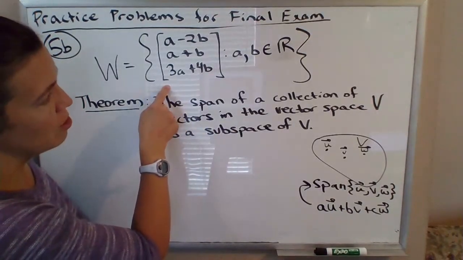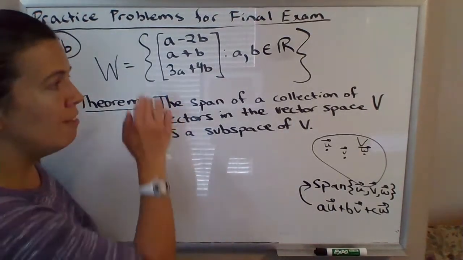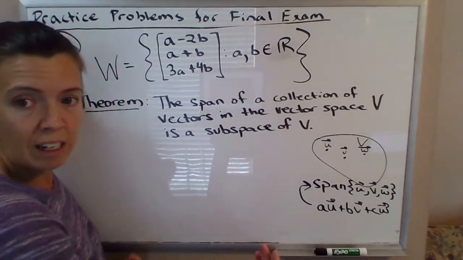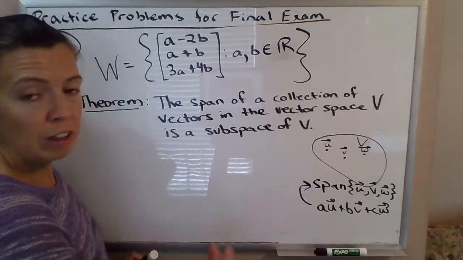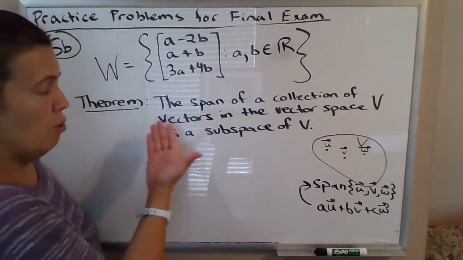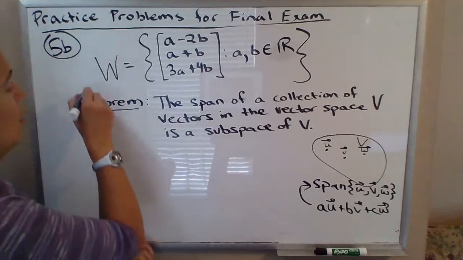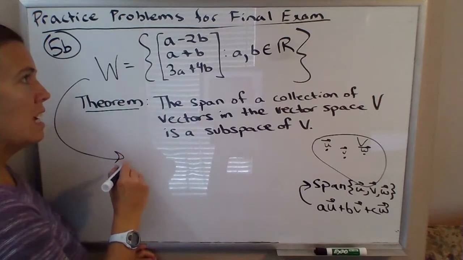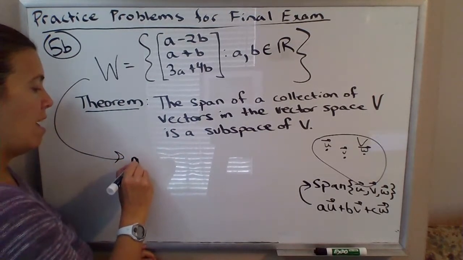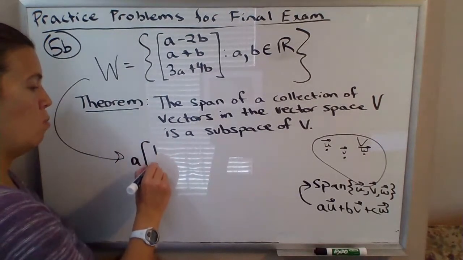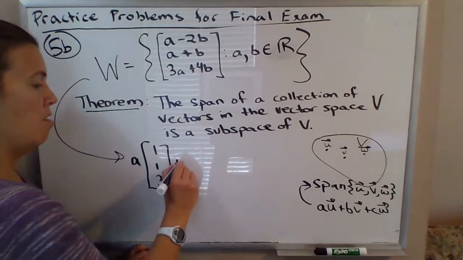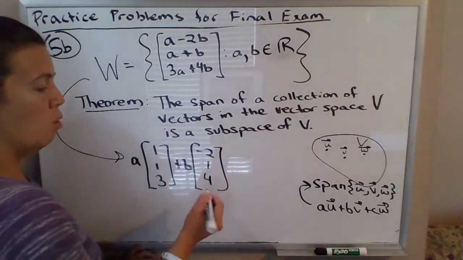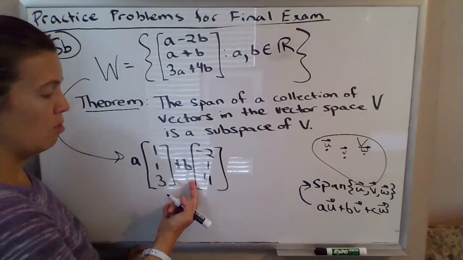So the idea is, if you're given a subset that you can easily express as a span of vectors within the vector space, then you invoke this theorem and you're done. The real way you work this is you say, any element of this set can be expressed as A times the vector 1, 1, 3 plus B times the vector negative 2, 1, 4, where A and B are any real numbers.